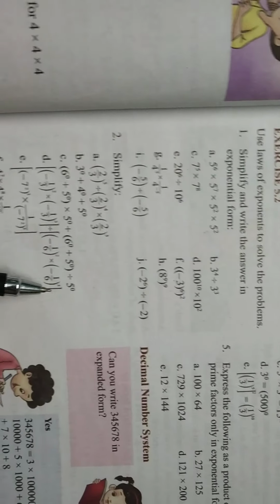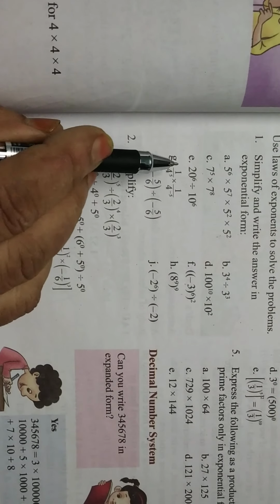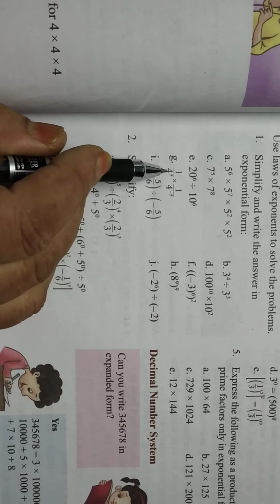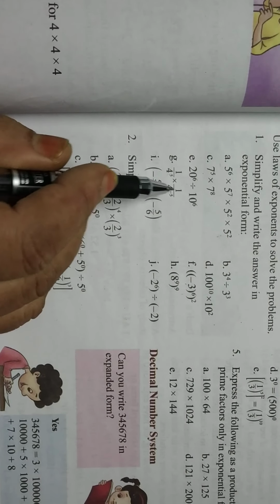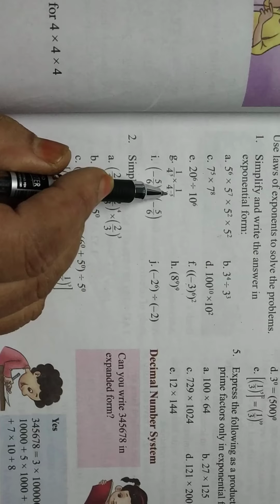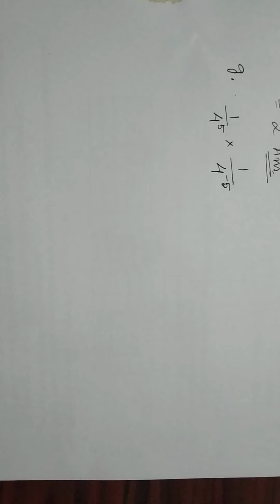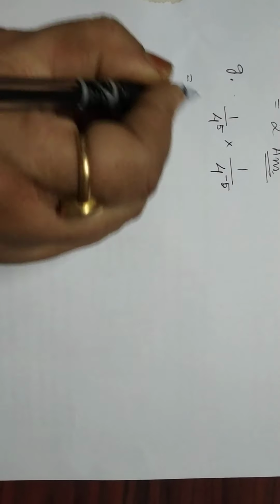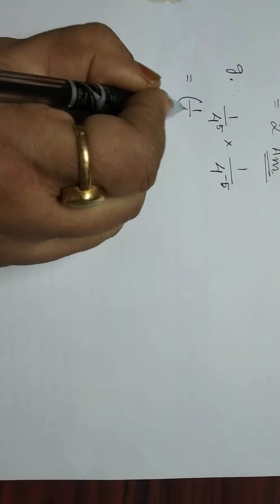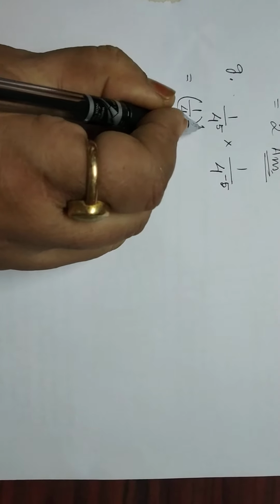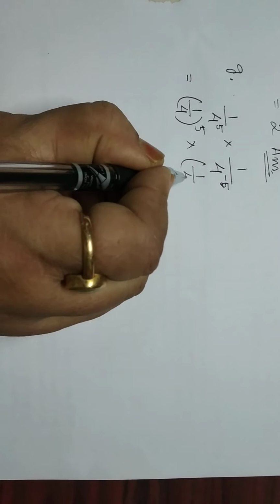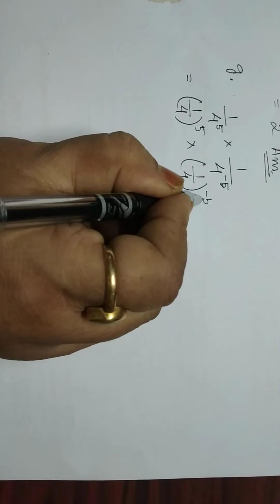Next one, question number G. Here 1 by 4 to the power 5 into 1 by 4 to the power minus 5. Next, this one we can write 1 by 4 whole thing to the power 5 into 1 by 4 whole thing to the power minus 5.